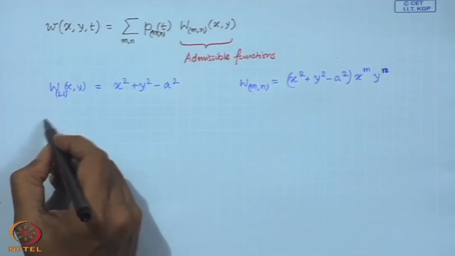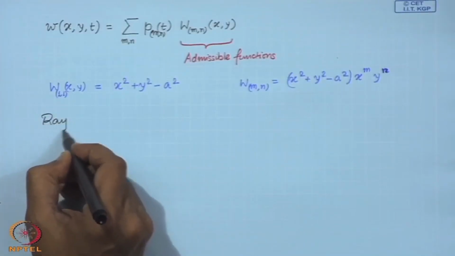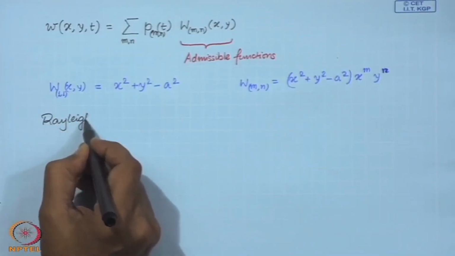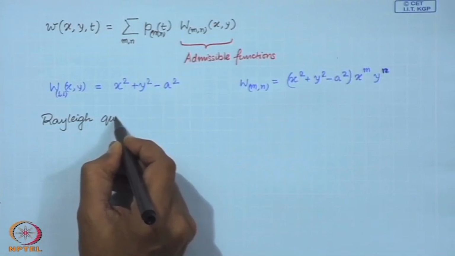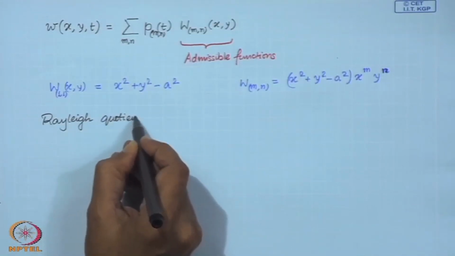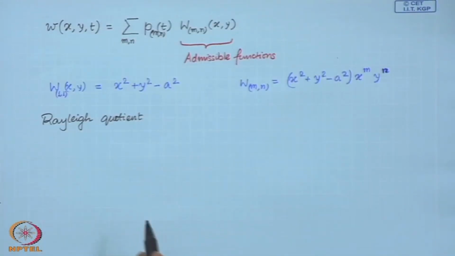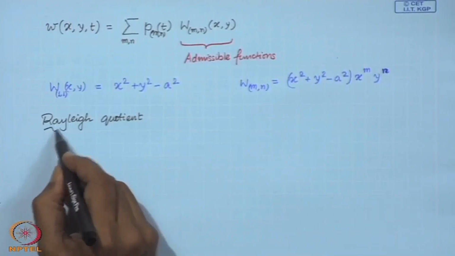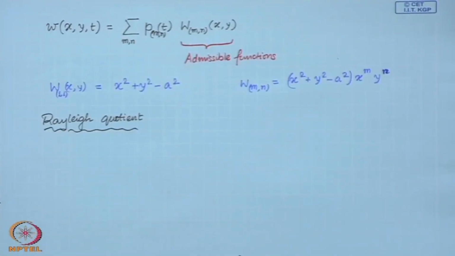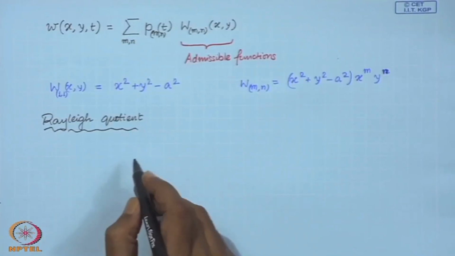So, we are going to determine the fundamental frequency of the square plate, which is supported on this circular boundary.